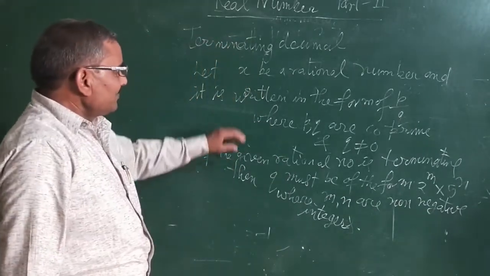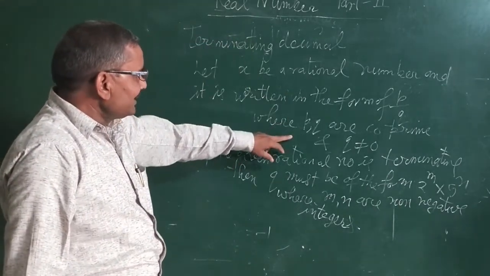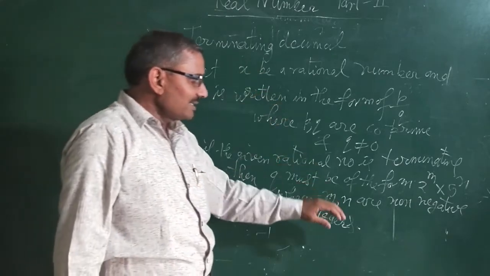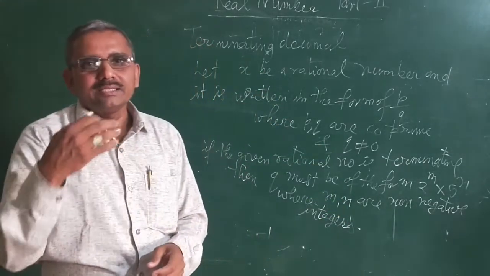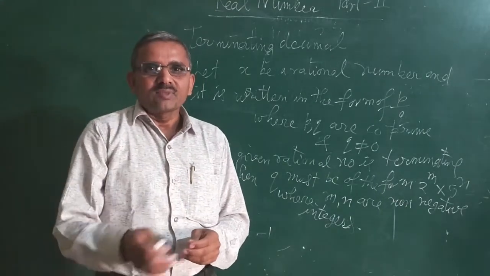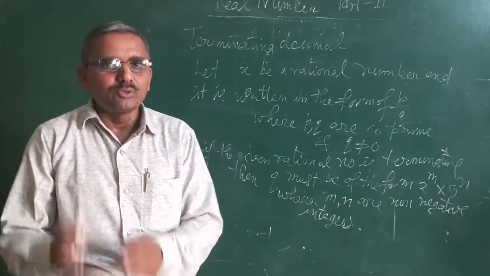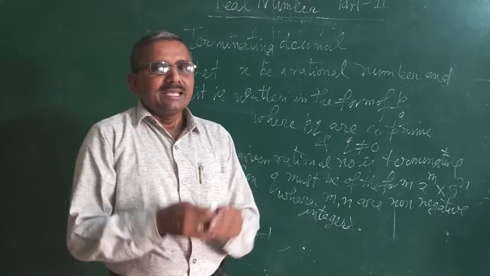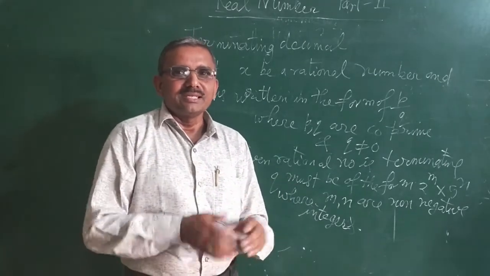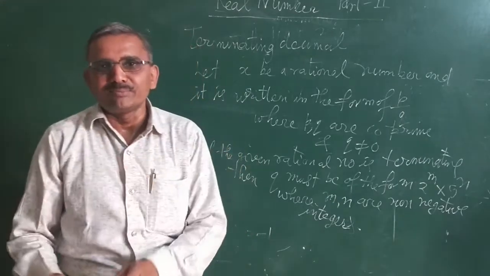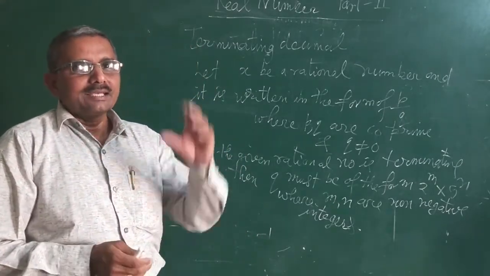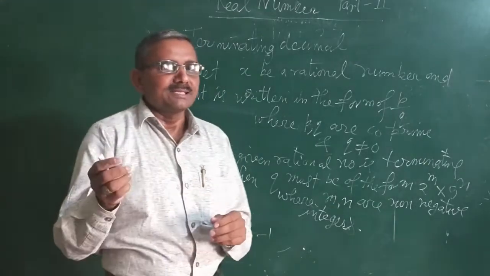So here if p upon q is terminating, then the factor of q must contain either 2 or 5 or 2 and 5 both. Otherwise, if the denominator contains any other prime number, then that rational number will never terminate.